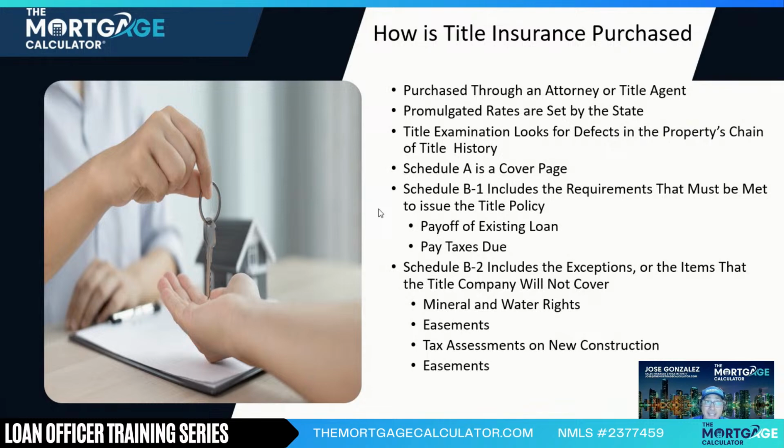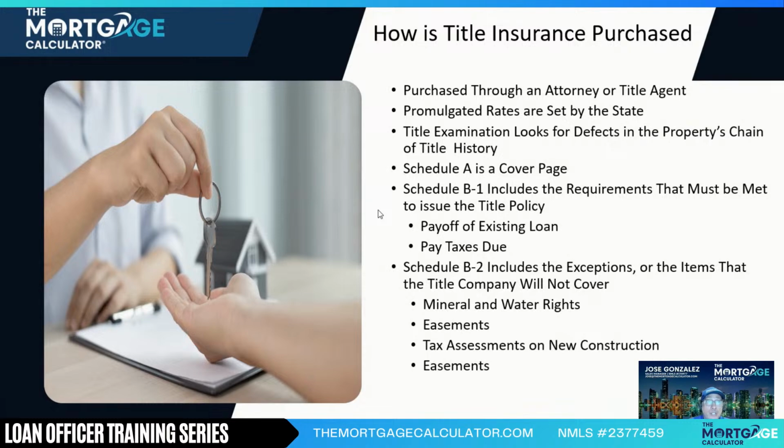That means there's a set table, and that's the cost of the actual title insurance policy. But unfortunately, that doesn't cover the cost of all the extra fees that are included. The only thing that's promulgated would be the actual cost of the title insurance policy.